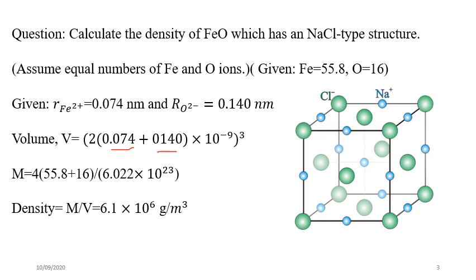If I divide by 6.022 into 10 raised to power 23, that will give me the molecular mass in grams of an FeO molecule. There are 4 molecules in one unit cell, that's why 4 is the multiplier, and density is in the usual form, mass upon volume, which is 6.1 into 10 raised to power 6 gram per meter cube.